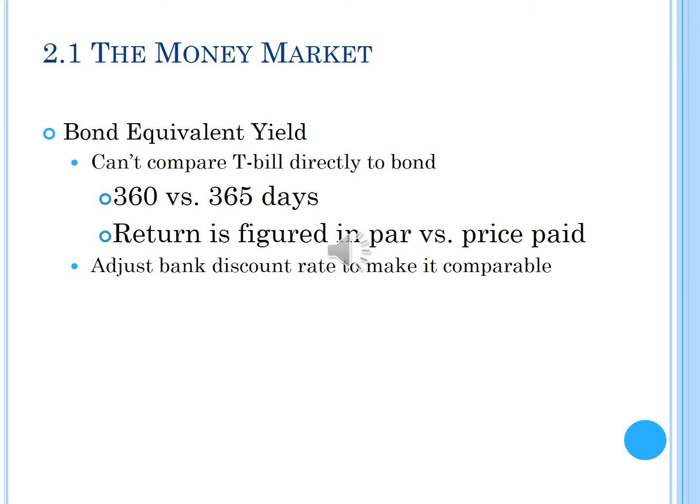We cannot compare the two because of the different maturities, the 360 days versus 365 days a year assumptions, and also because return on treasury bills is figured out by the par values versus the price paid for the bonds. So we can adjust the bank discount rate to make those two, meaning the treasury bills and the bonds, or the returns on those two, comparable. We'll see how we can do that in the following slides.